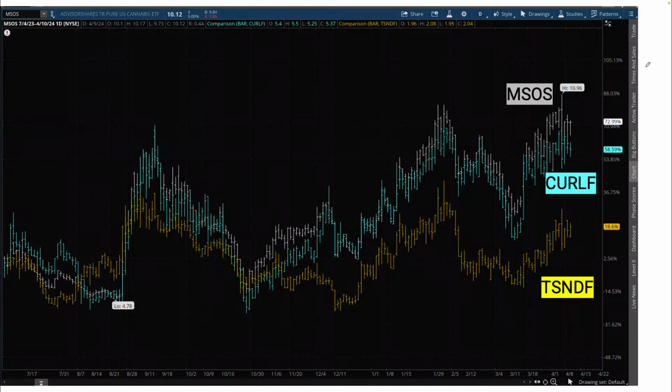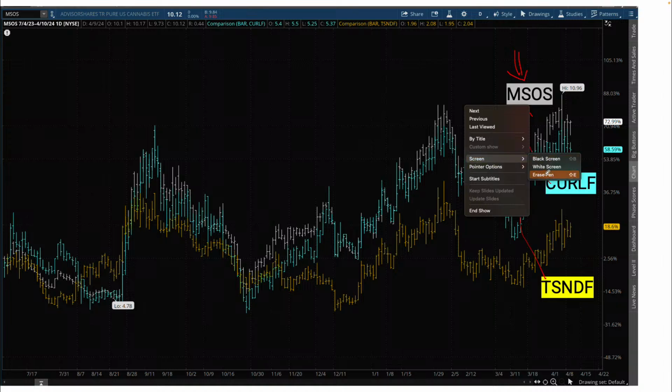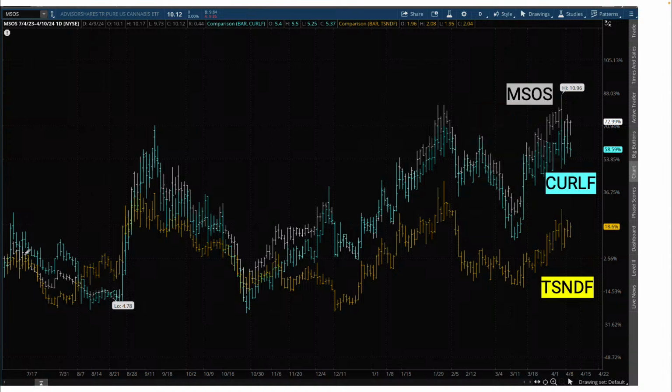This is called divergence trading, relative value trading. We have MSOS, and then the two biggest holdings within that ETF, right? So these two are in MSOS. Wouldn't you think they're going to move together? I certainly would. They do. They move together.